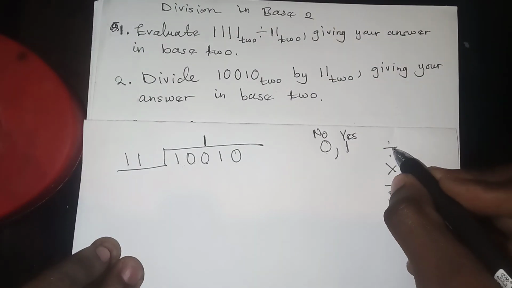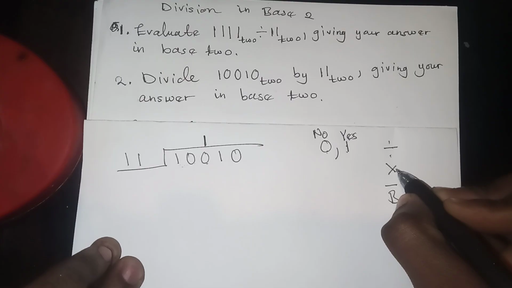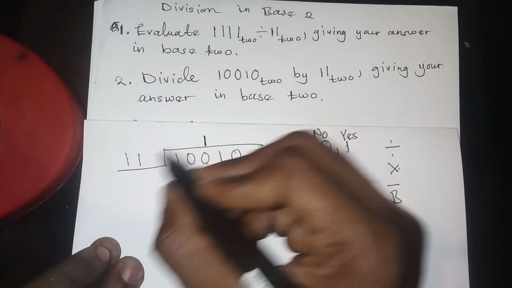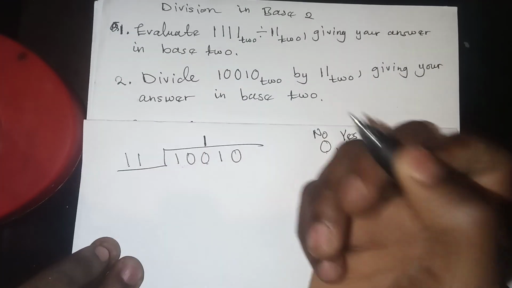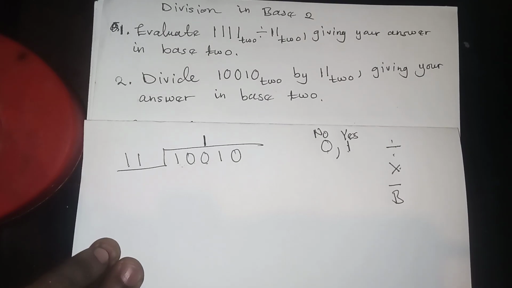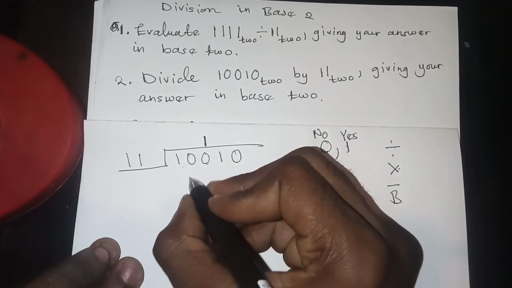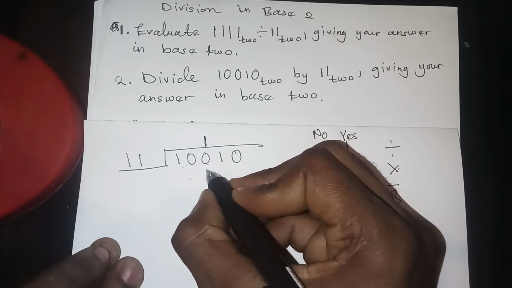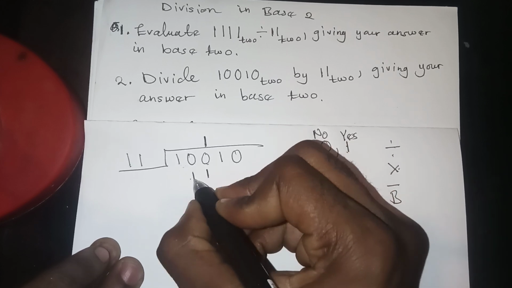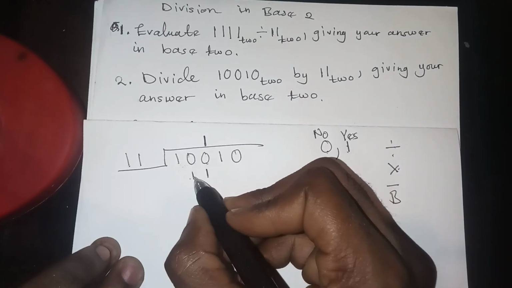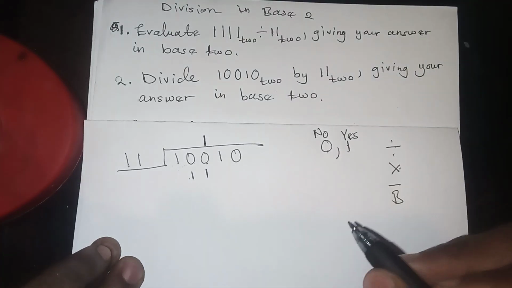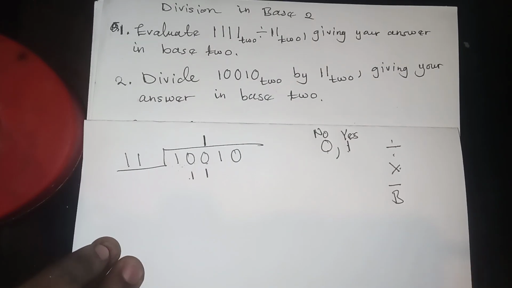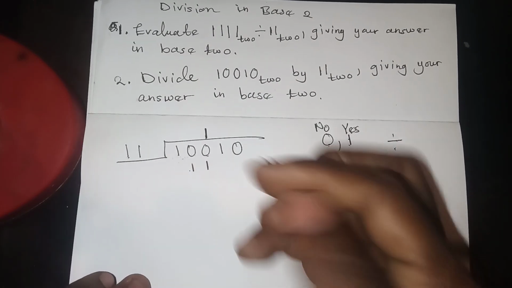And then after division, you move on to multiplication. So 1 multiplied by 11, your answer is 11. But you will not write your 11 here. You write your 11 just below the 100, because you're now subtracting an 11 from 100. This is not really 100 per se, but let's call it that.